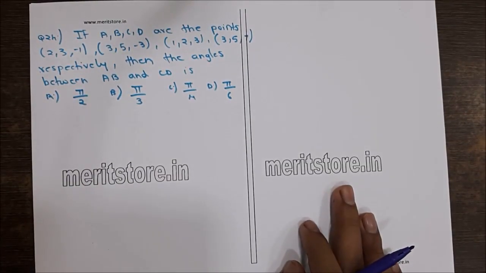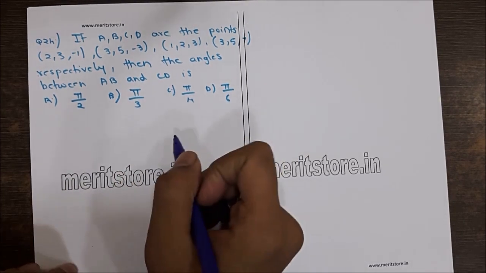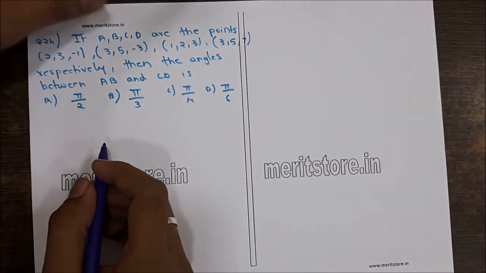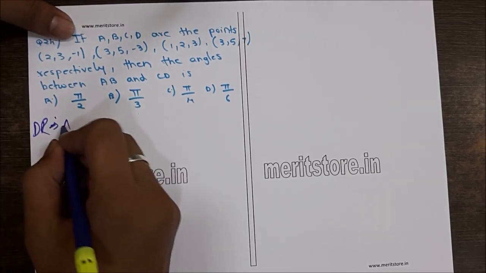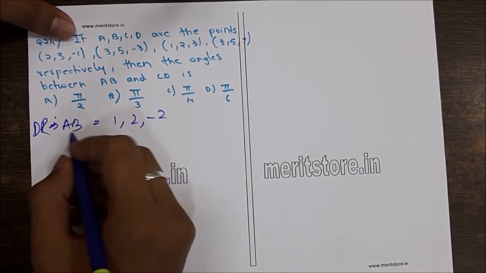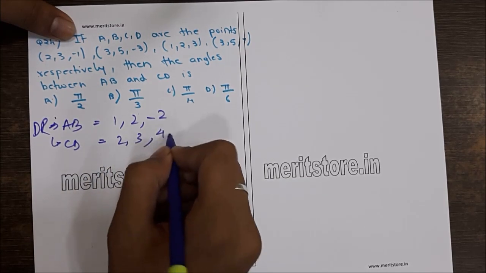If ABCD are the points (2, 3, minus 1), (3, 5, minus 3), (1, 2, 3) and (3, 5, 7) respectively, then the angle between AB and CD would be pi by 2, pi by 3, pi by 4 or pi by 6. So we know that the direction ratios of AB will be 1, 2 and minus 2, and that of CD would be 2, 3 and 4.